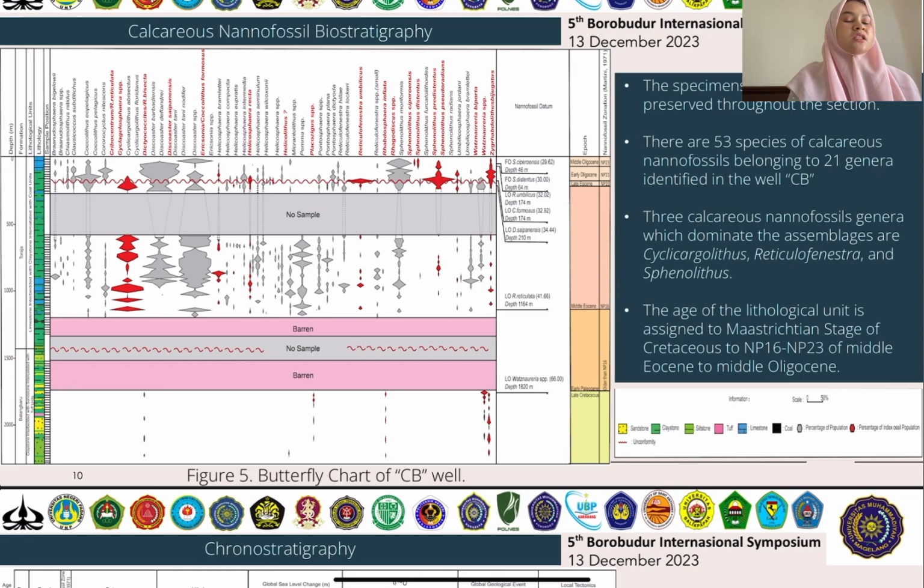The age of the lithological unit is assigned to the Maastrichtian stage of the Cretaceous, and NP16 to NP23 of Middle Eocene to Middle Oligocene.